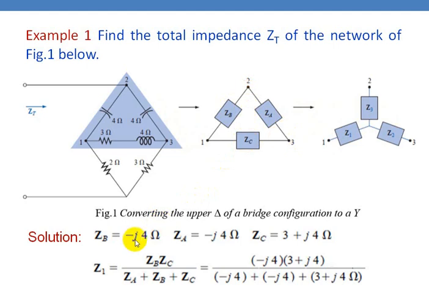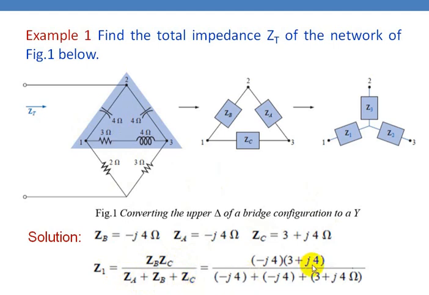Now ZA is minus j4 ohms. Only the capacitance in ohms is given, so you have to write it as minus j4 ohms, and ZC is 3 plus j4 ohms. Now you substitute in the formula Z1 equals ZB into ZC by ZA plus ZB plus ZC.